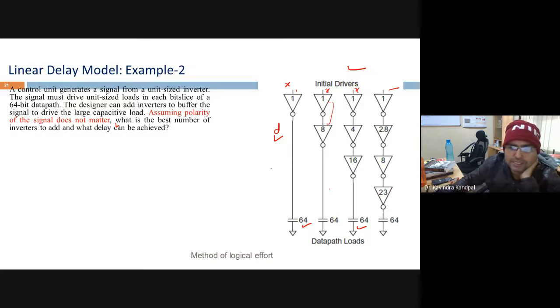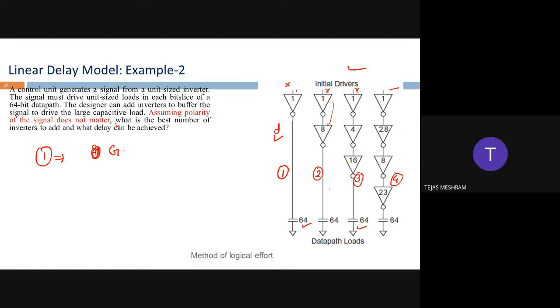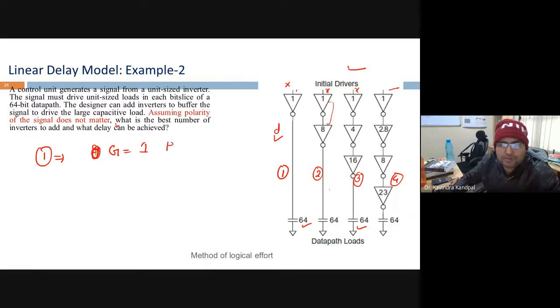For example, this is my first way of driving the load, driving the memory line or any data bus. Another one, this is the second approach, this is the third approach, this is the fourth approach. Now look at the first one. What is the G? Capital G is 1. What is the H? 64 by 1.